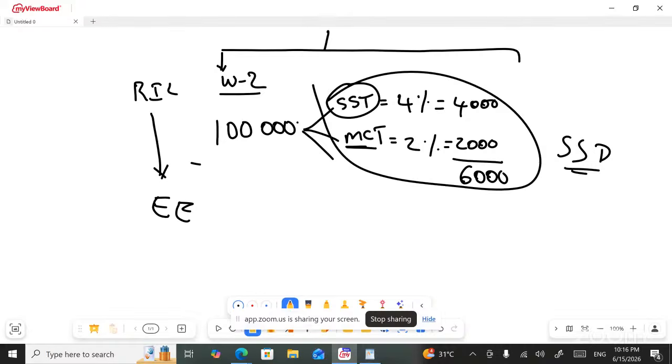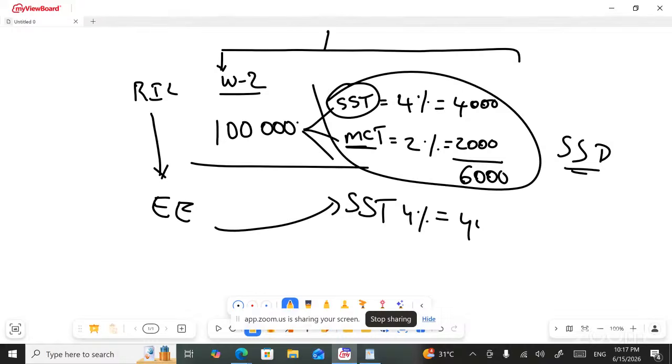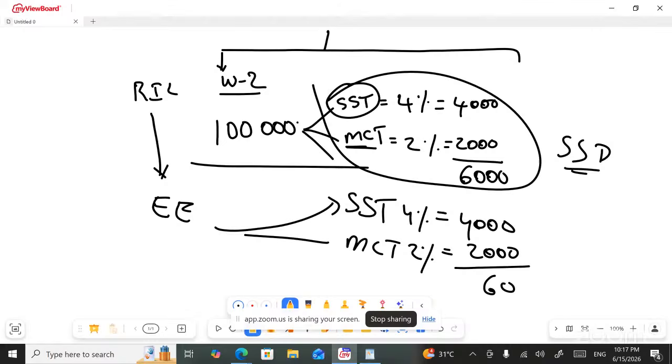In this scenario, the employee also has to contribute some amount from his own pocket to the Social Security Department in the form of Social Security tax. Same percentage, say 4% means 4,000, and for Medicare tax, say 2% is 2,000. So a total of 6,000 is to be paid by the employee from his own pocket.